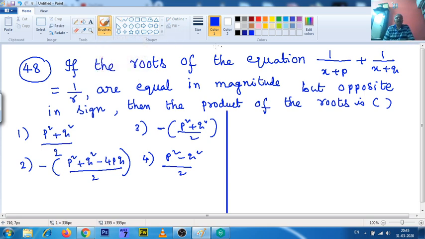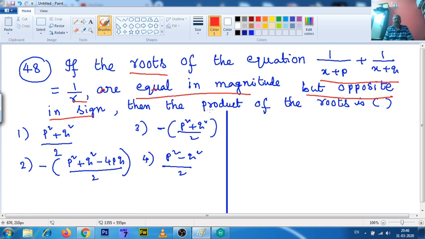So, now see, the roots of the equation 1 by (x plus p) plus 1 by (x plus q) is equal to 1 by r are equal in magnitude, but opposite in sign.